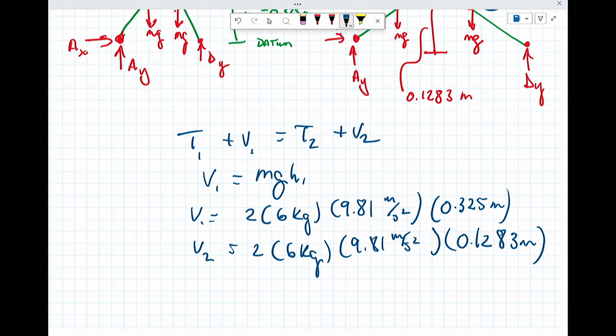Okay, so it's twice because you have two bars. I don't need to calculate each bar, I just know that it starts at the same high point and it ends up at the same low point.